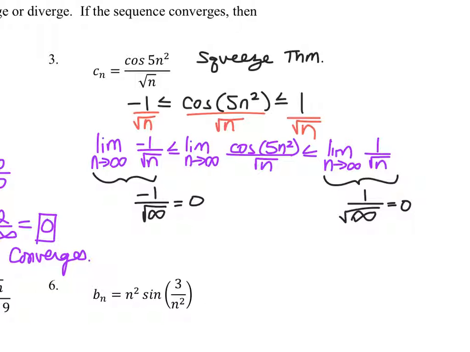So my final answer here would be that the limit as n approaches infinity of the cosine of 5n squared over the root of n is going to be equal to 0, and that suggests that this is converging.